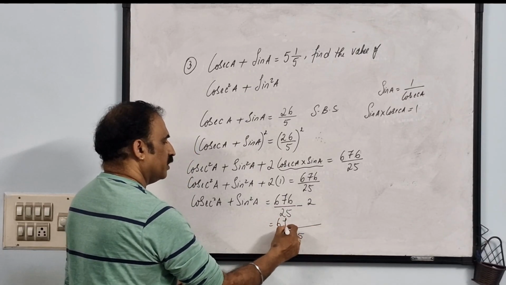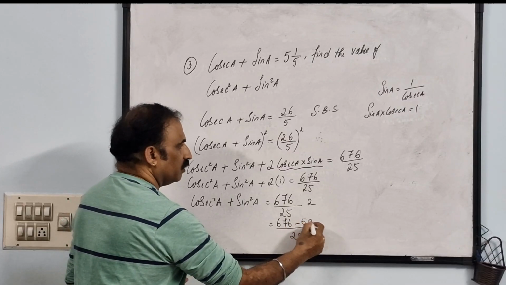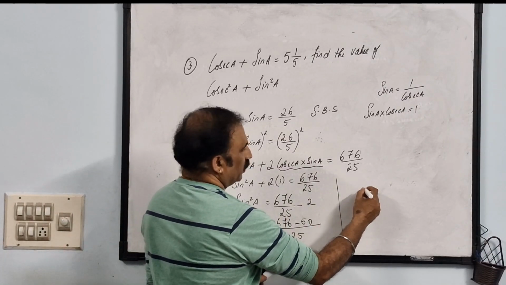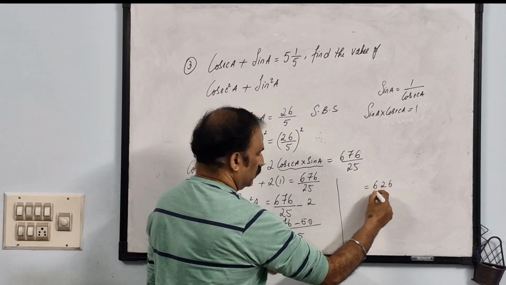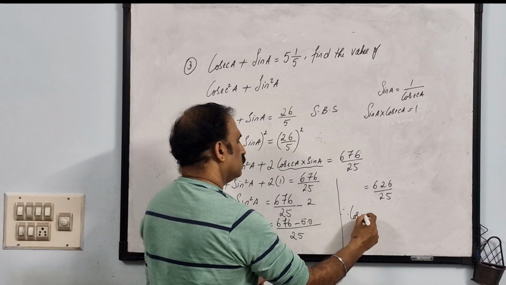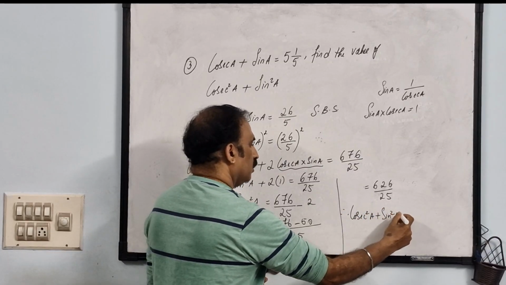So it is 676 minus 25 into 2, which is 50. So as you go ahead, 676 minus 50 is going to be equal to 626 divided by 25. Therefore, cosecant square A plus sine square A is equal to 626 by 25.